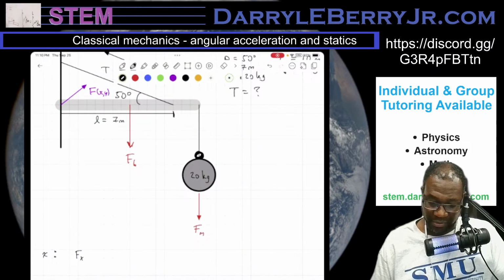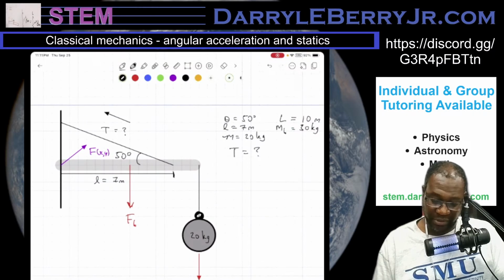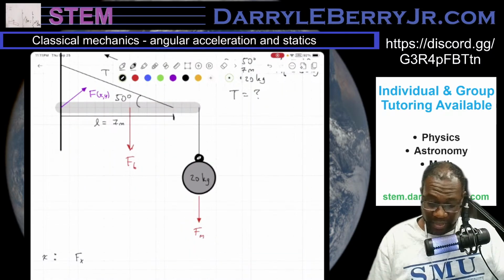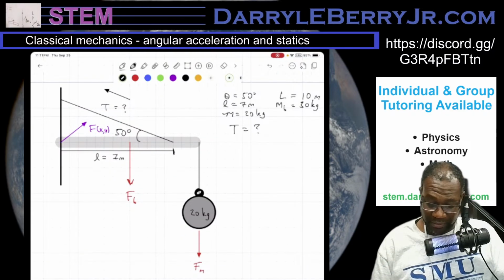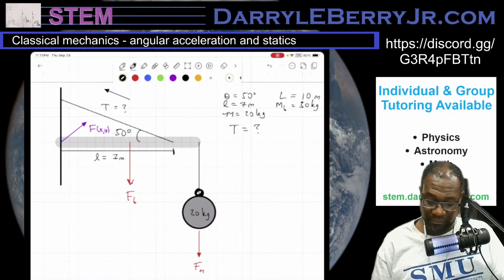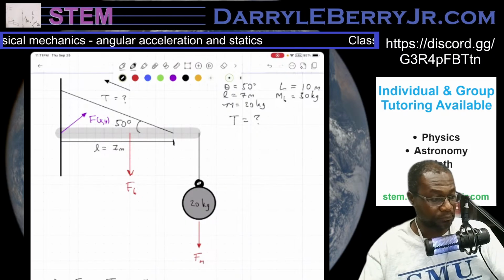We have the X component of that, and that is pushing out to the right because the tension is pulling in. We have minus Tx, minus the tension that's pulling inward. And I believe that will be the only horizontal forces.